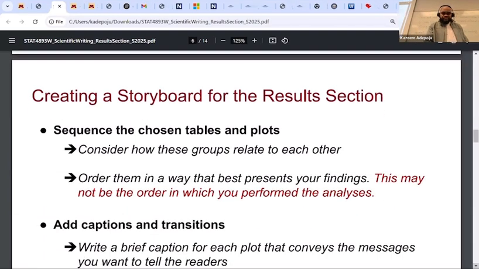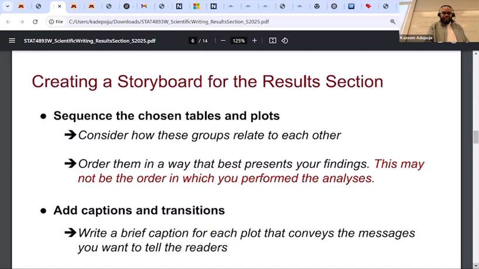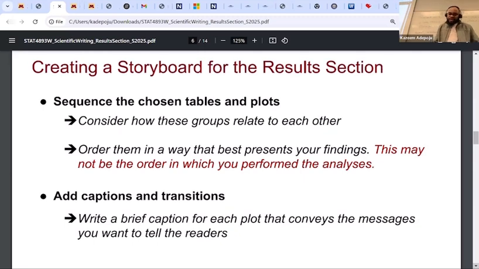Now, the other time I said you sequence the chosen tables and plots. Consider how these groups relate to each other. Order them in a way that best presents your findings, because there are some plots I'm going to start with, and I have to say the reason why I'm starting with that plot before I go to the other plot.